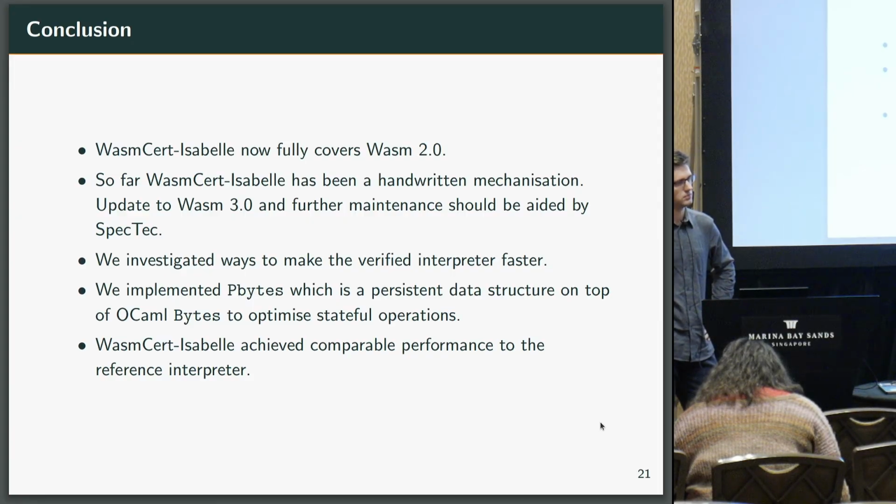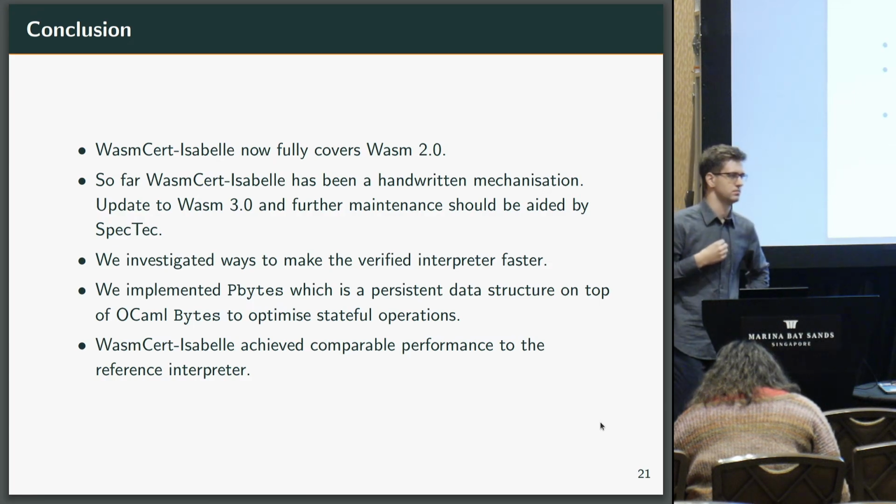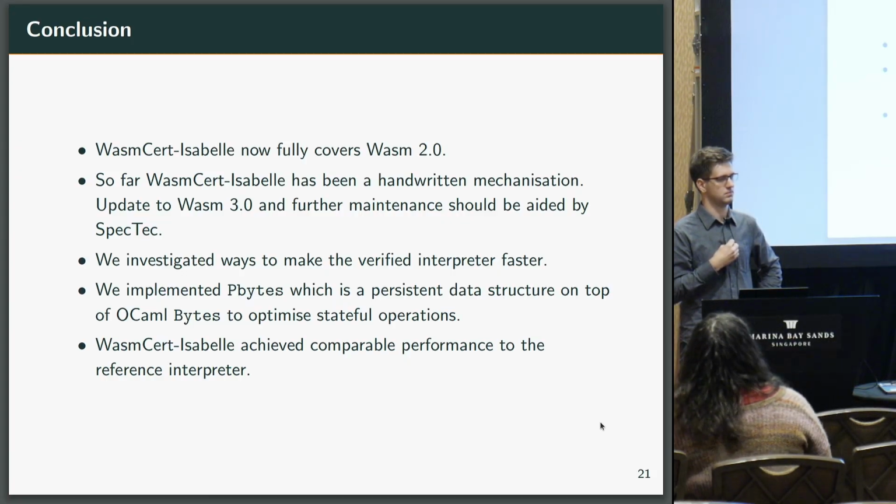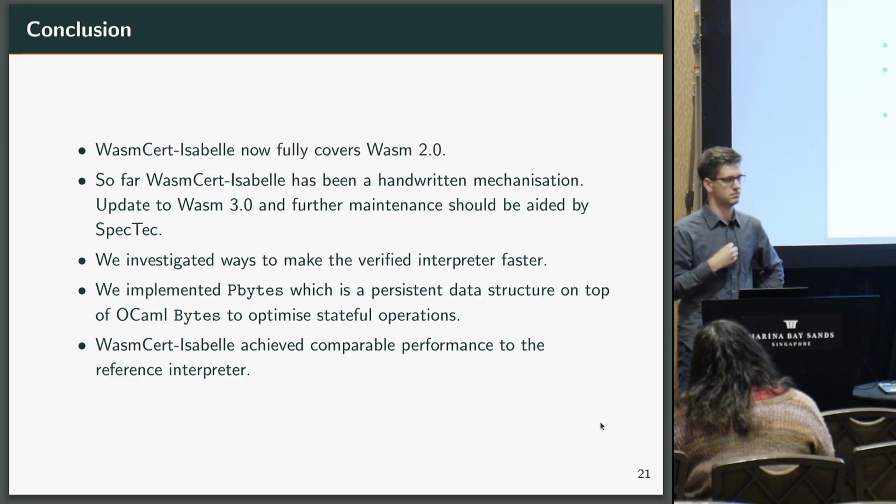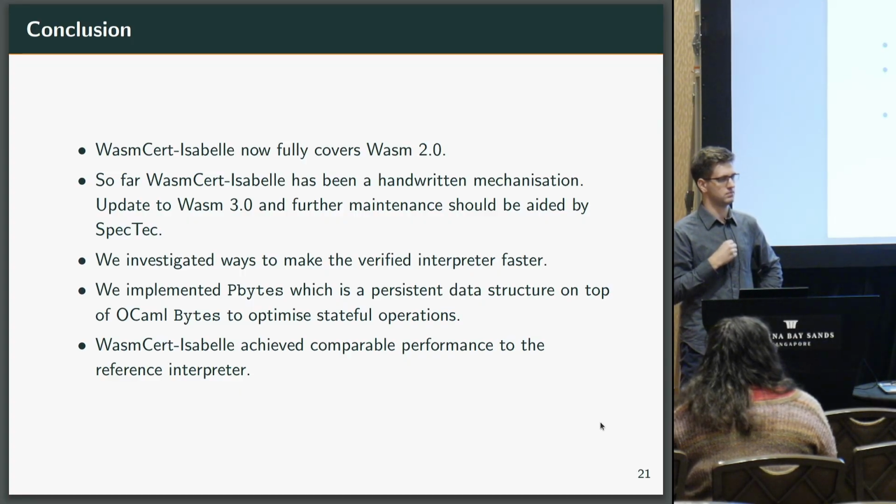Okay, my second question is that it feels like your p-bytes is a bespoke optimization for a certain sort of operations that you need to do in Wasm 2. So I was wondering how much SpecTech can help, because SpecTech doesn't really generate an optimizing interpreter.